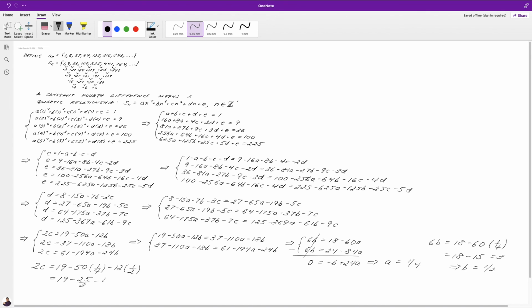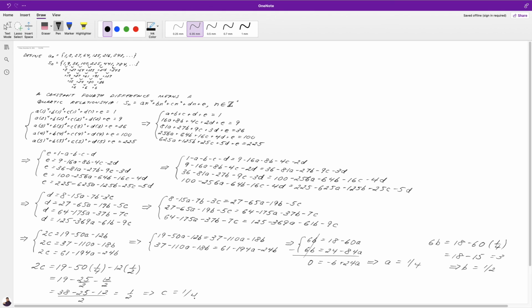And this we're going to keep as 12 over 2, since we're going to want to find a common denominator here. So this is going to be 38 minus 25 minus 12 over 2. Well, 38 minus 25 is 13. 13 minus 12 is 1. So this is 1 over 2. So that means C equals 1/4.